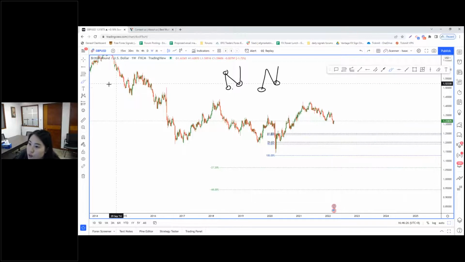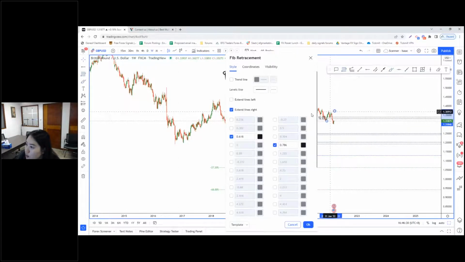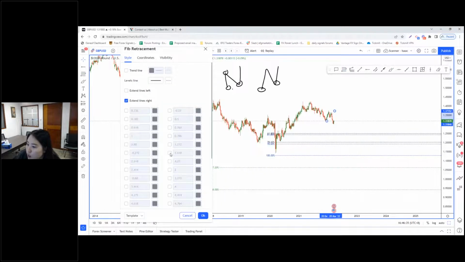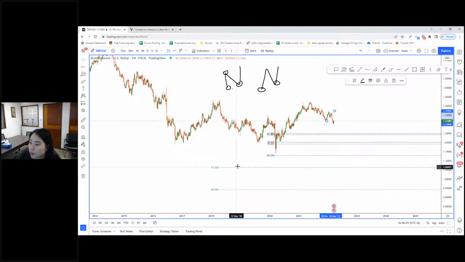We can try to see if that tiny little thing is relevant at all. Okay, let's get rid of that, and then we're going to get 161. 161 is as far as the Fibonacci extension goes, and as you can see, 161 is really far from the rest, so it's not going to be relevant. The Fibonacci expansion is really far from the rest as well. It's not going to be relevant.